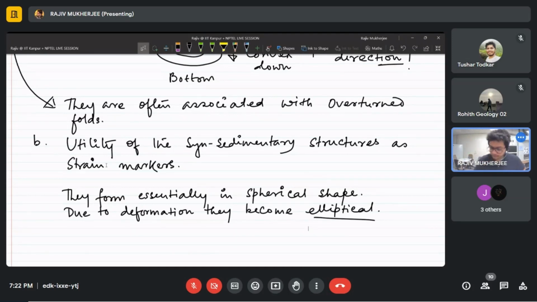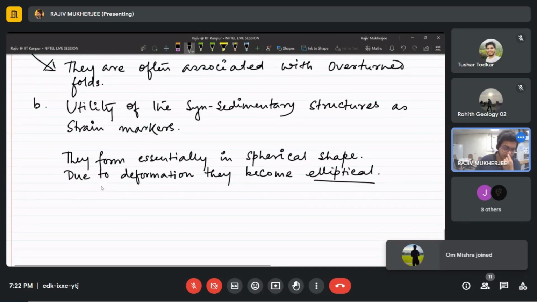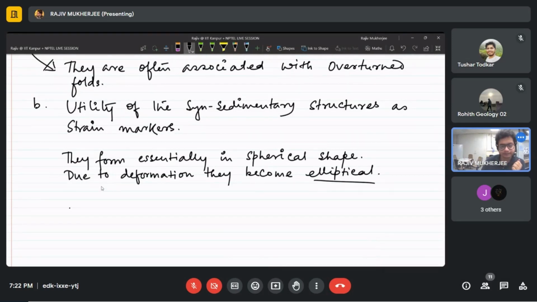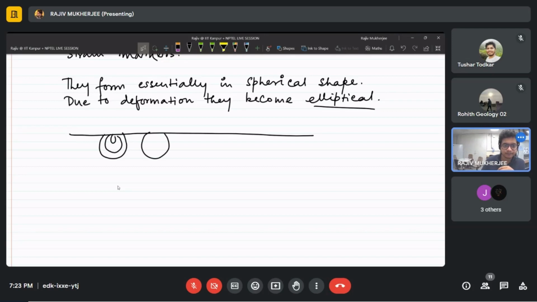Now, it is not only that, right? So imagine that there is a horizon bedding plane with traces of bedding plane, and we have these convolute structures, perfectly spherical, right?